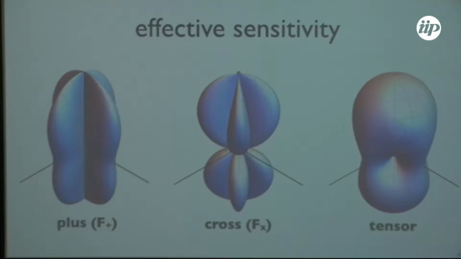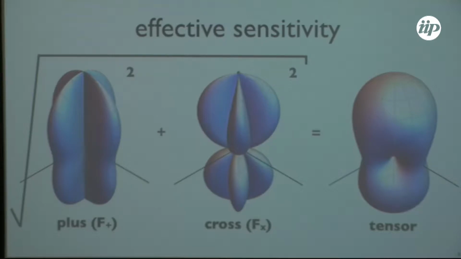Here, circularly polarized gravitational waves means you have roughly equal amounts of both polarizations. So when we're trying to determine the overall sensitivity of a given instrument to gravitational waves, regardless of polarization, we sometimes show this peanut here, which really corresponds to just the quadrature addition of the two polarizations.